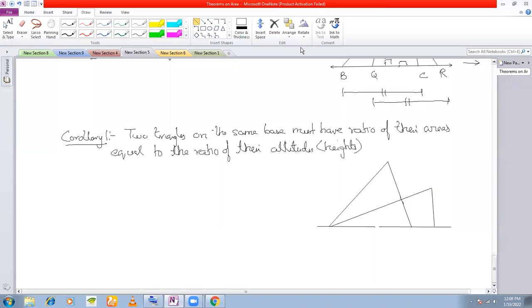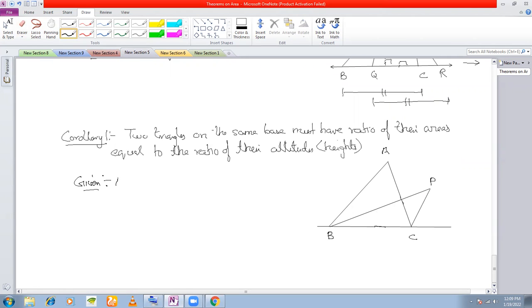Two triangles that, so I drew it wrongly. Okay, these two triangles ABC and PBC. If you see, these two triangles share the same base, right?